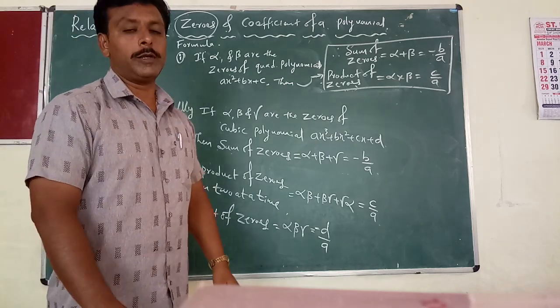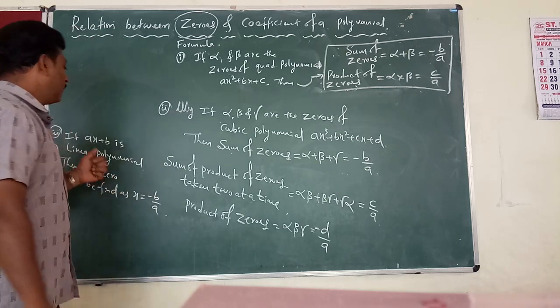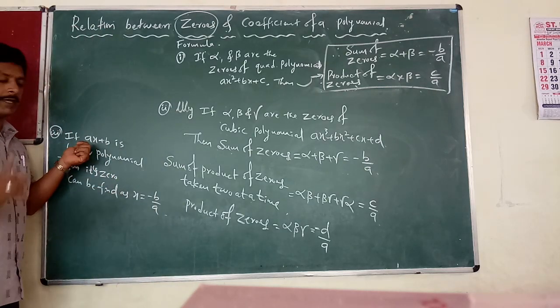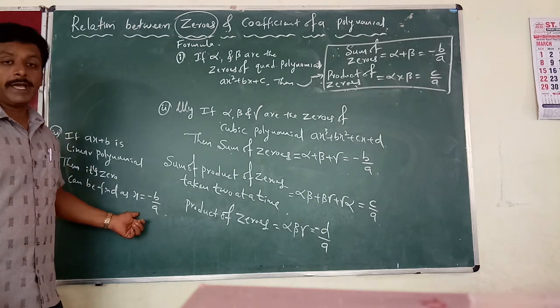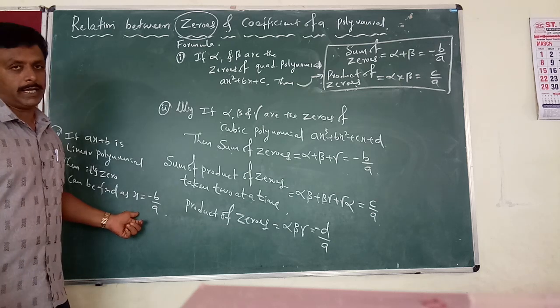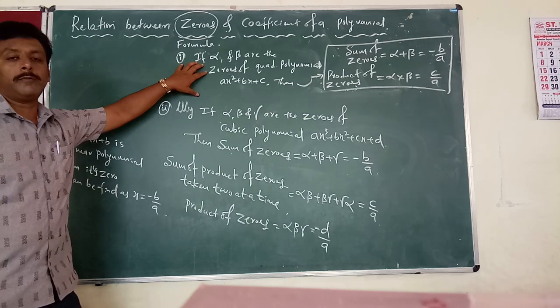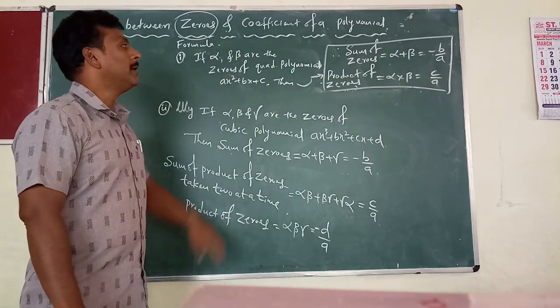If the given polynomial is linear, in the form ax plus b, to find the zero we have a formula: x equals minus b by a. After that, we discussed the quadratic polynomial.